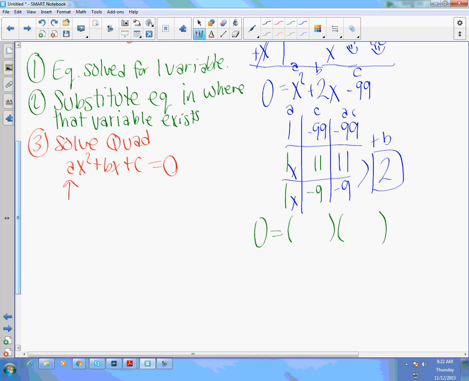Shaylee, what should I put in these parentheses now? So is that a positive number or a negative number?